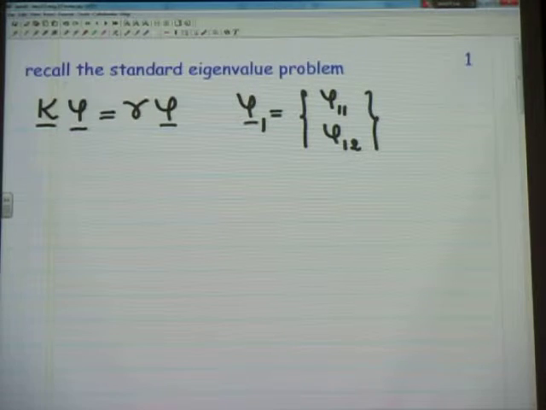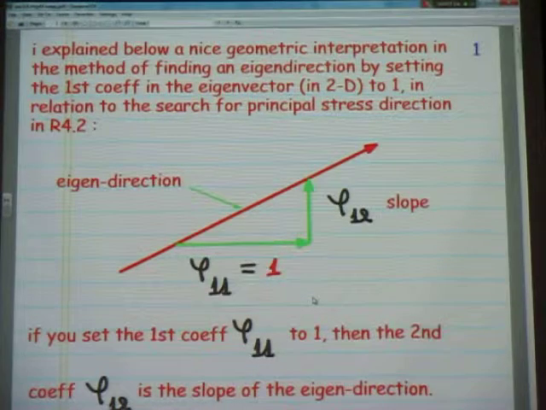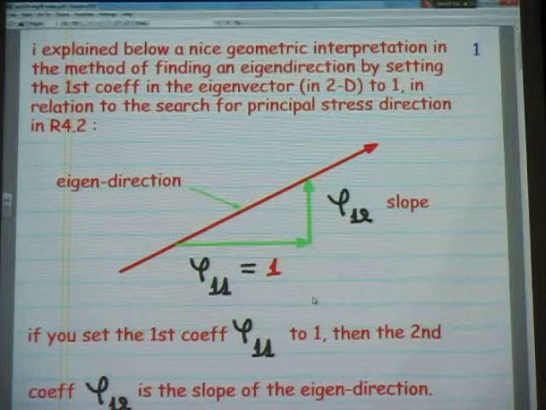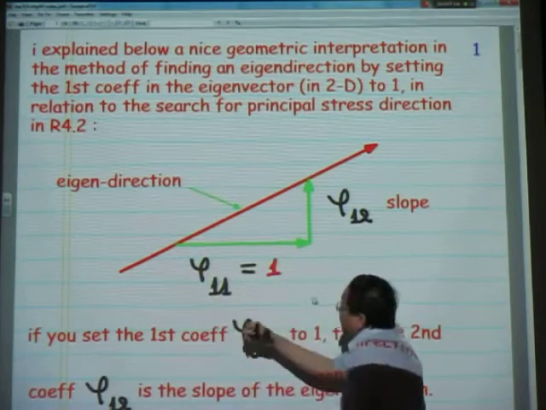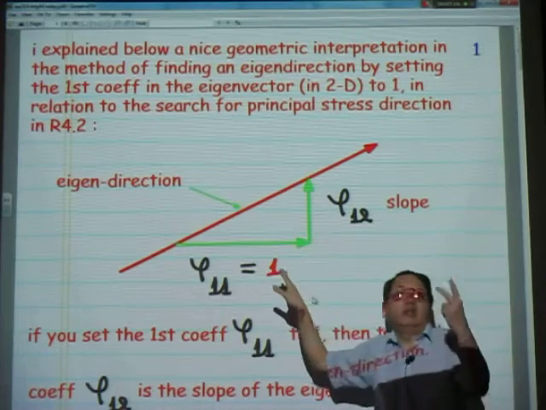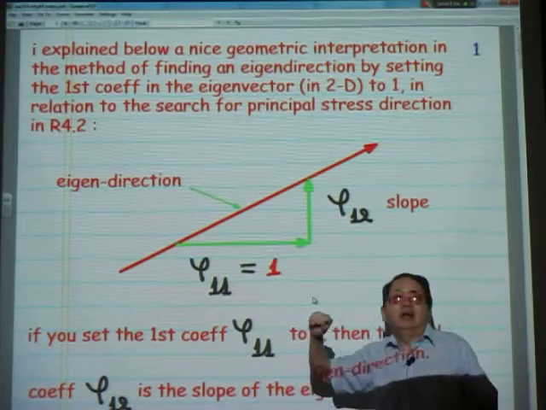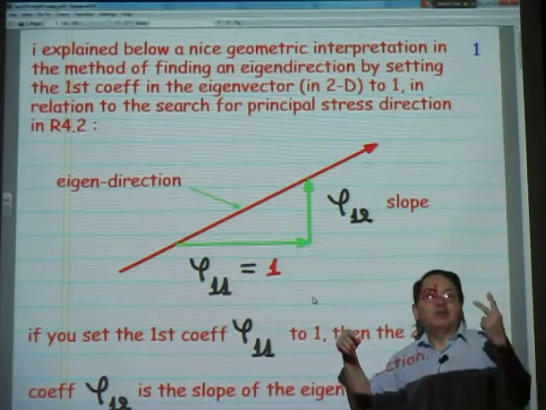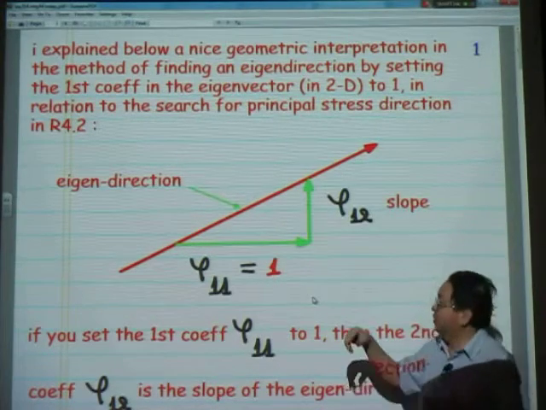you have phi 1 1 as the first coefficient and phi 1 2 as the second coefficient. So that's the notation to review for you, and that's the kind of notation that I meant in my notes. So when you set the first coefficient equal to 1, you can think of it this way: you have two coefficients, and a vector would have two components. The two coefficients in the matrix are the two components of the vector.